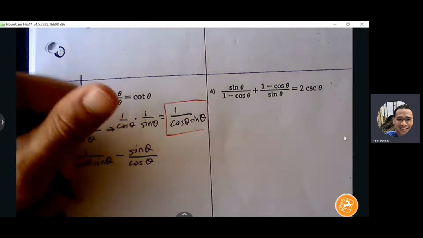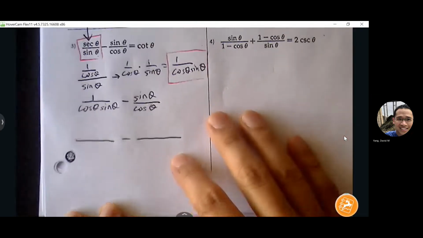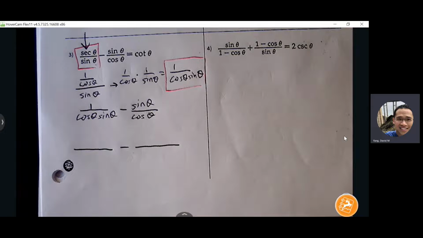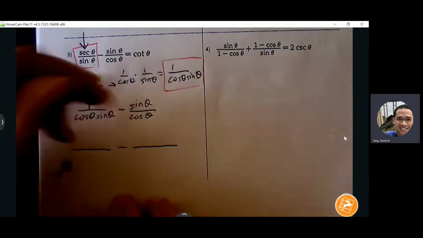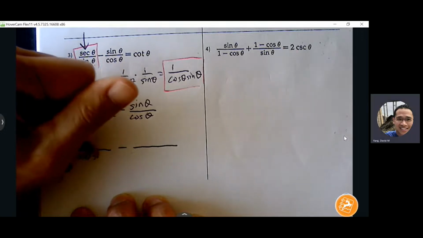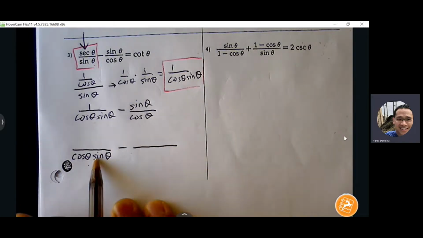Okay, what's my common denominator now? Now that I want to merge the two fractions together, what's my common denominator? Cosine sine minus sine over cosine. We want something large enough that both can go into. So our common denominator will just be what? Cosine squared? We don't need cosine squared sine. I think cosine and sine is good enough, because cosine and sine can be a part of this, and then cosine can be a part of this as well.